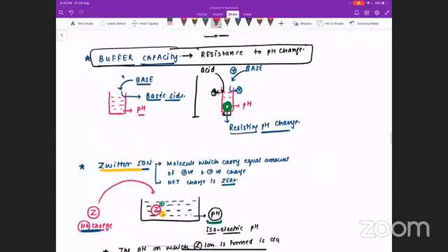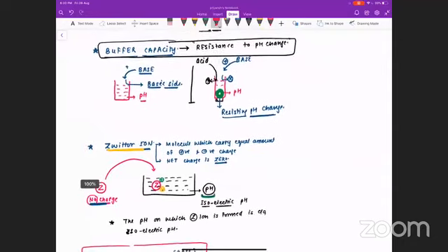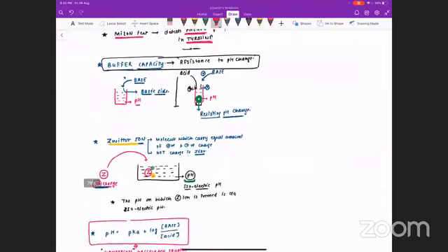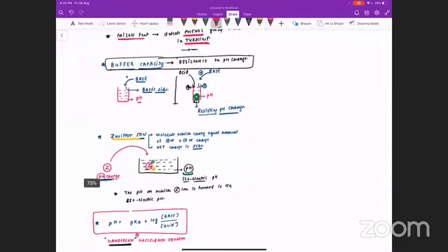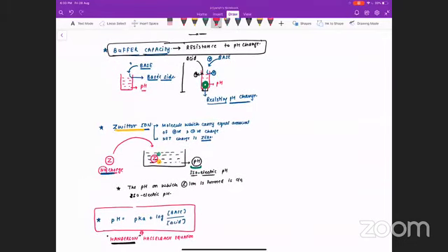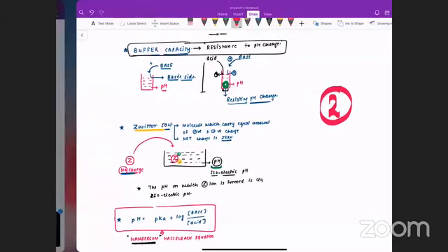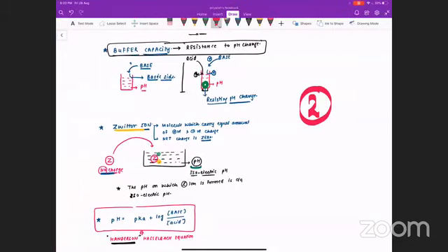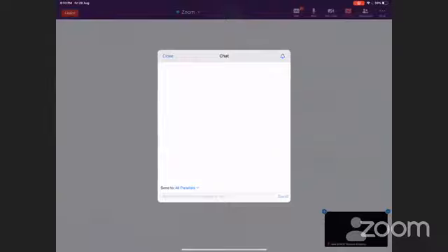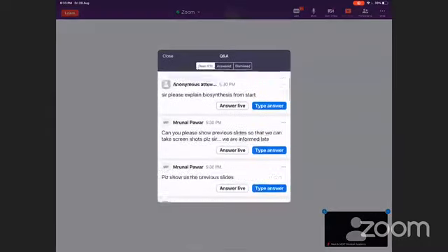Then we discussed buffer capacity. This was the second slide. Keep revising the notes.